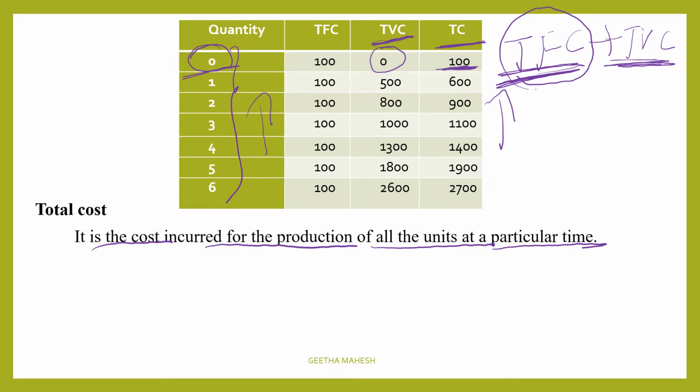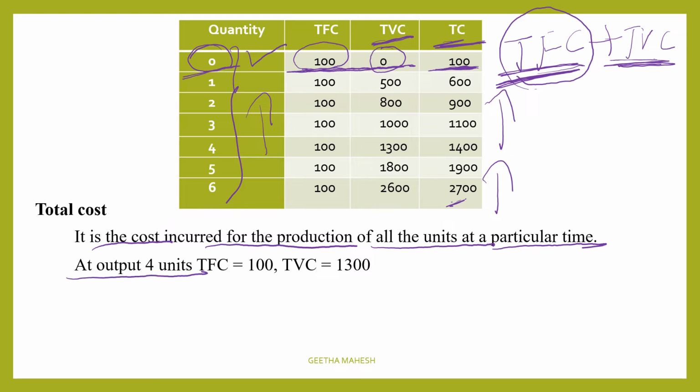But there will be existence of total fixed cost, as total cost includes both total fixed cost and total variable cost. So there will be existence of total cost when the quantity produced is 0. And as quantity increases, total cost also increases.